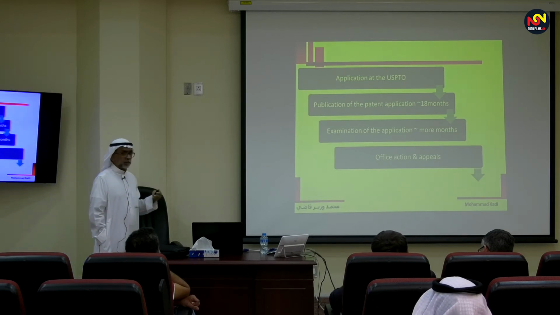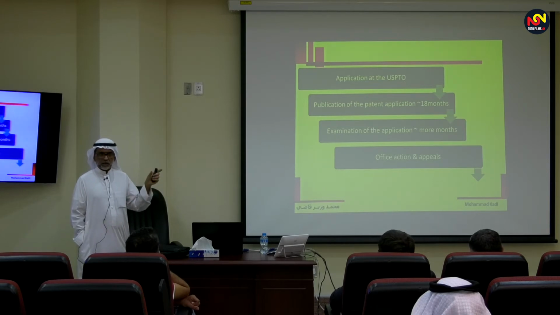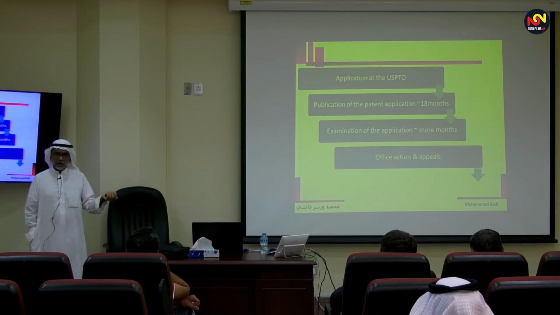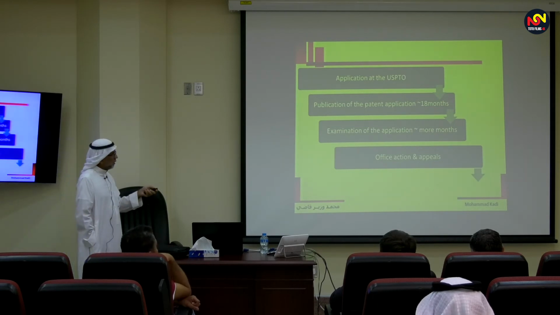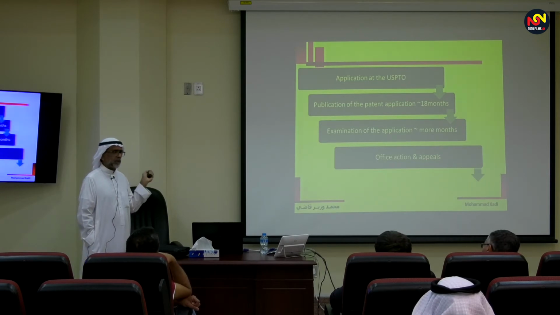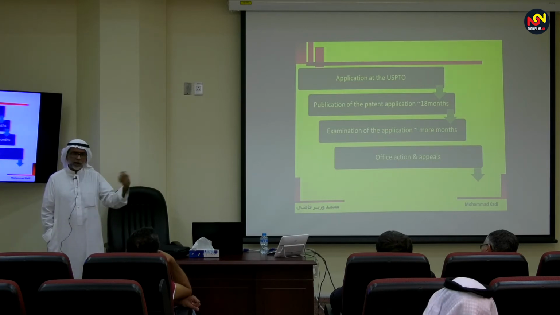It might have objections to the claims, or it might allow it. They call it allowance, which means that they will issue a patent for the invention. Usually, there is an objection. 95% of the time, the examiner will object to the claims and reject them.